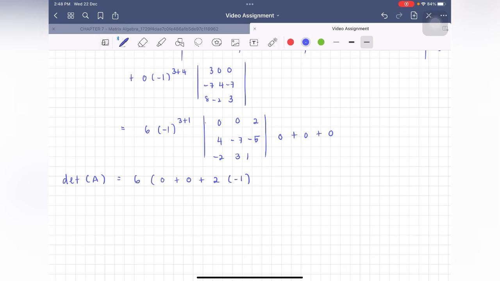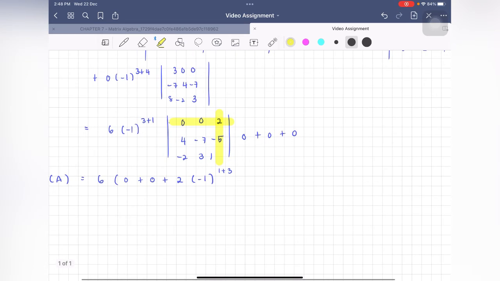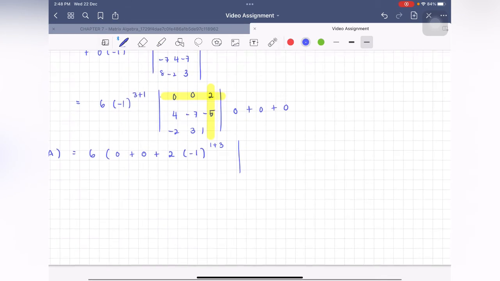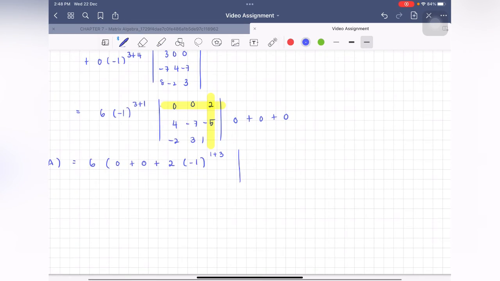So, we will form an expansion using the first row. We will have 6 times the value of this determinant. So again, using row 1, we would have 0 times the cofactor, and we already knew that it is equal to 0.